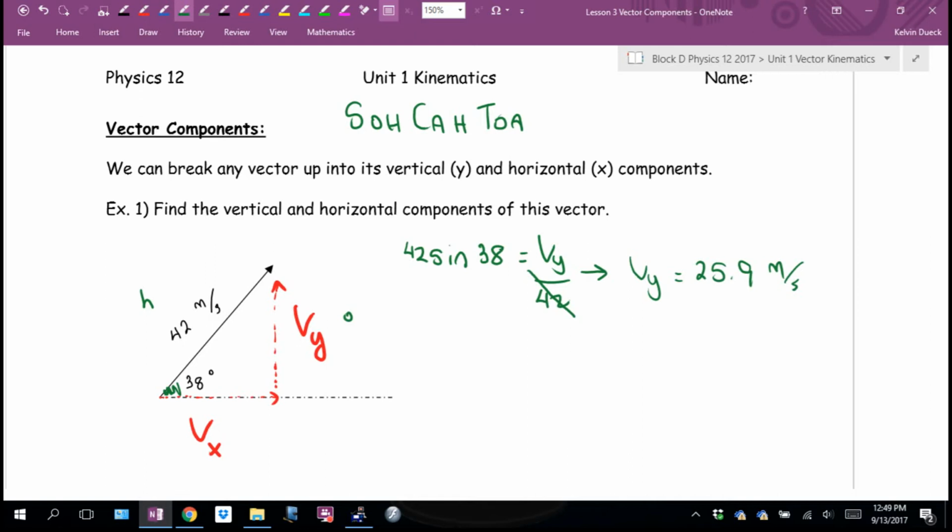Let's find Vx. Hey, Vx, opposite, adjacent, or hypotenuse? Adjacent. And I still know the hypotenuse. I have A and H. Which trig function? Cos. So if I hear you correctly, cos 38 equals Vx over 42.